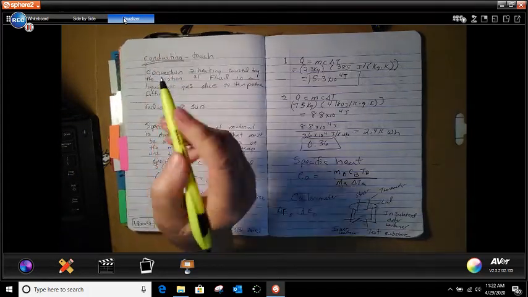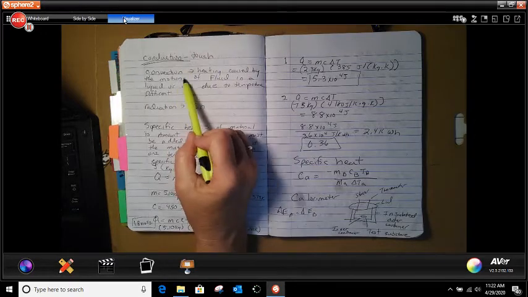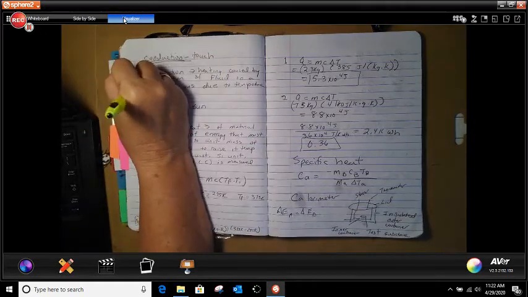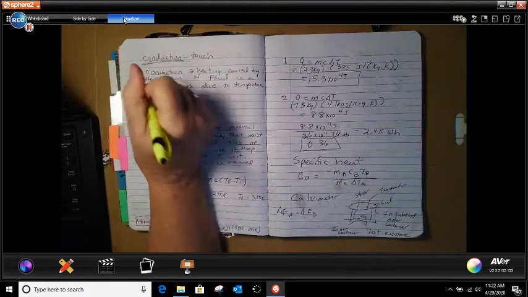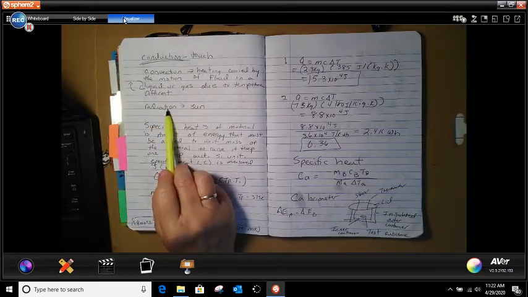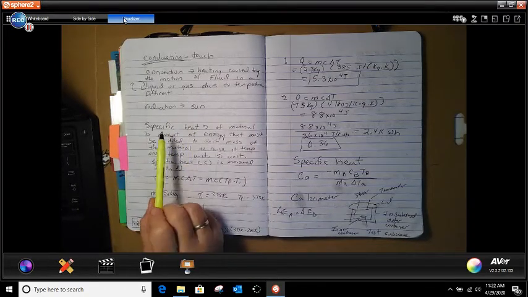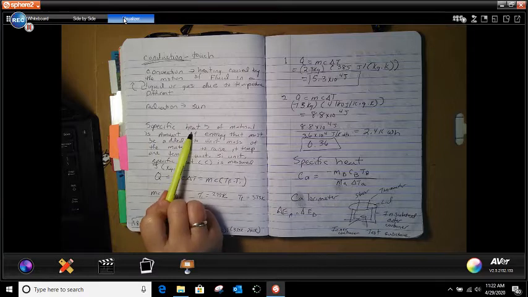Now remember, conduction is where you actually touch it. Convection is the motion inside of a container, distributing in a liquid or a gas. And radiation is radiating like the sun does, okay? We are going to talk about what specific heat is.